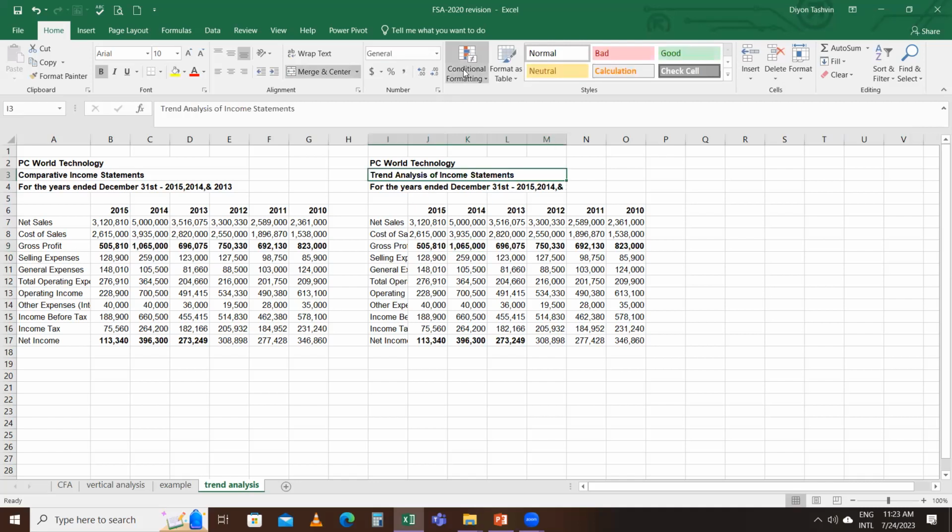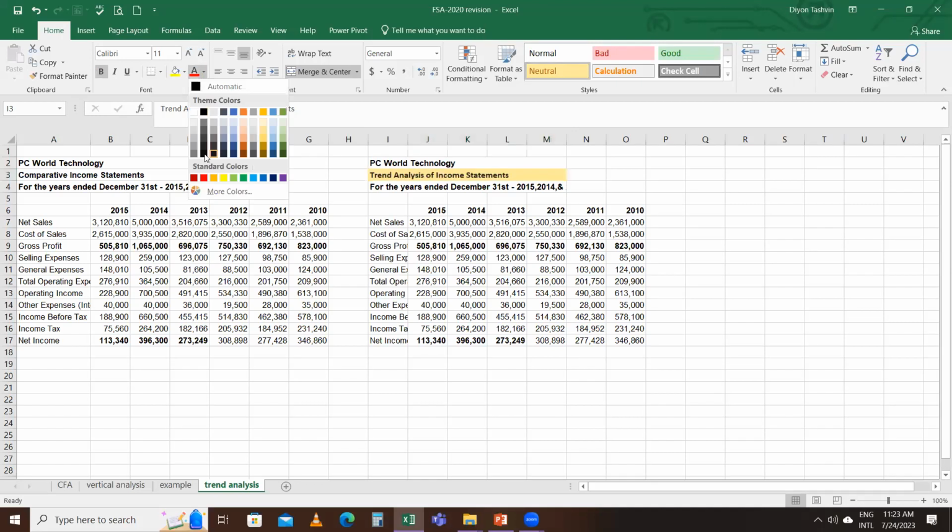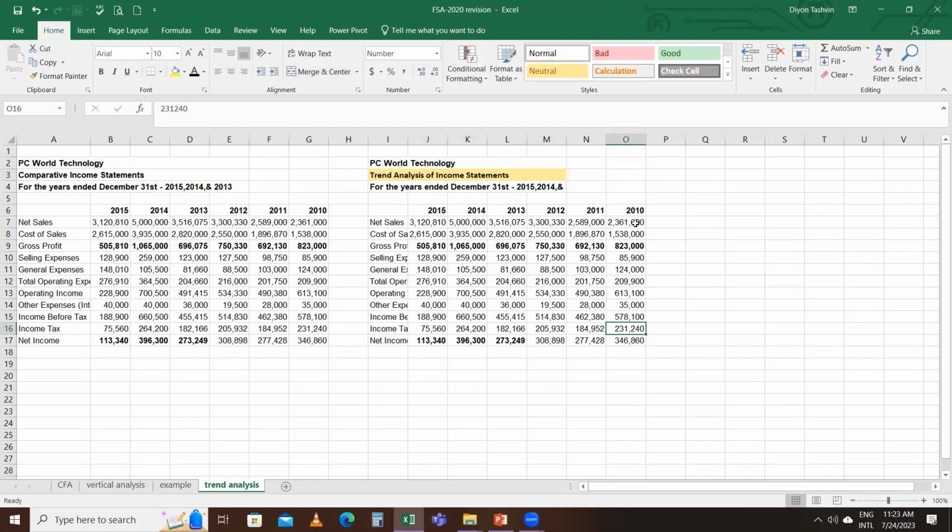Right? So you can see I have mentioned a different name, trend analysis. Now, here I have mentioned what is the base we are going to use.